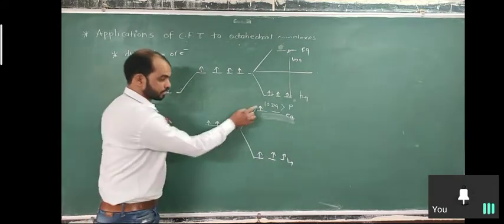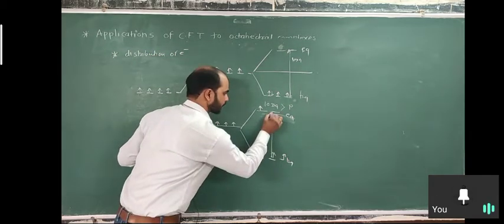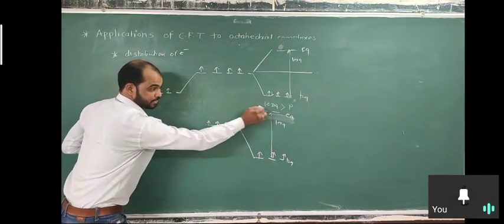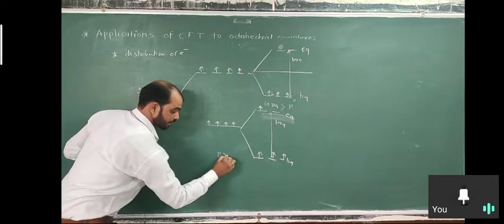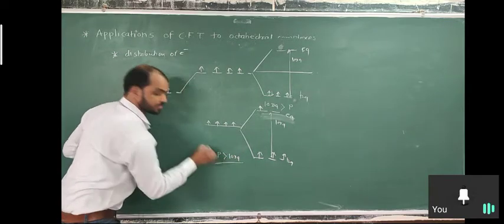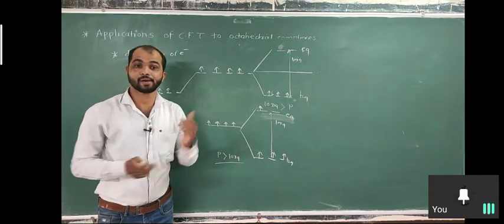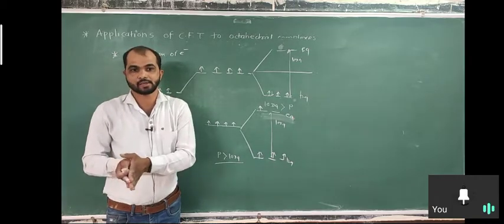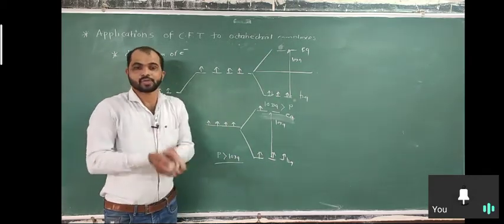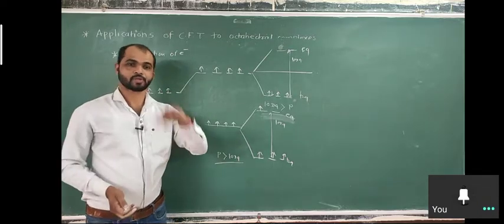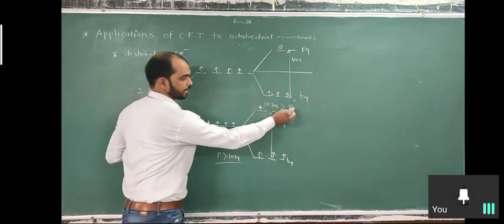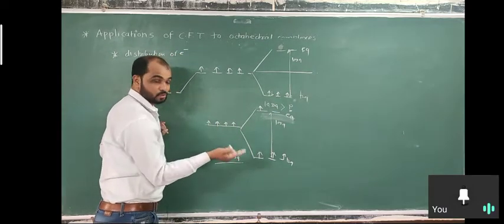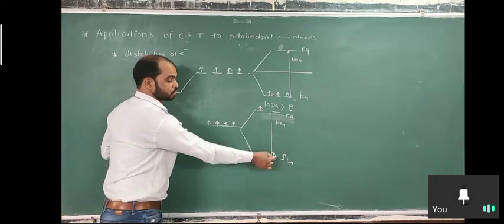Again, here the total energy is 10 Dq. Why does this happen? Because the 4th electron enters here since the pairing energy is greater than 10 Dq. The pairing is higher, so which is lower? This energy is lower, so the electron goes up. If the pairing is lower than 10 Dq, the electron pairs, since the electron goes where the energy is lower. Here the pairing is lower than 10 Dq, so pairing happened. Here the pairing is higher than 10 Dq, so the 4th electron was promoted.